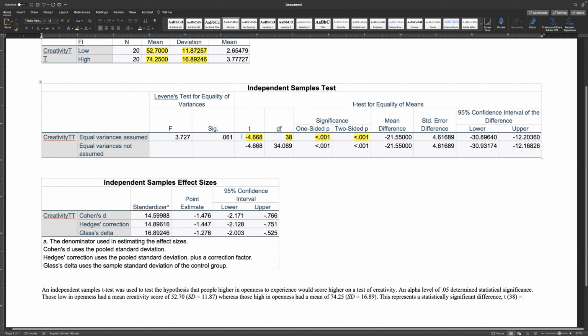The T value is right here. You don't really need the negative in this. You could put it in there if you want to, but nobody's going to know which one you labeled 1 and which one you labeled 2. And P less than 0.00001. Make sure that you italicize stuff.